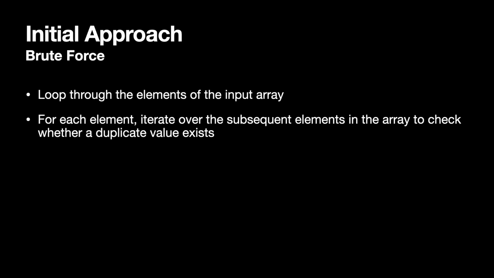Let's now explore ways to solve this problem algorithmically. We might use a brute force approach, which could be as follows. Loop through the elements of the input array, and for each element, iterate over the subsequent elements in the array to check whether a duplicate value exists. Let's see how this approach would look with an example.